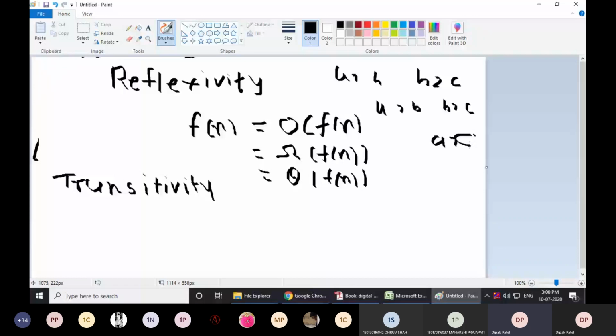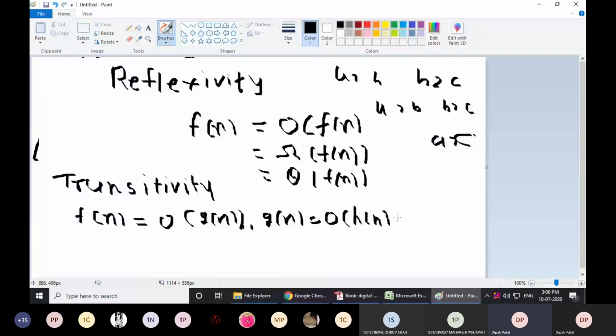So here, what do you say about big O notation, theta notation and omega notation? See, if Fn is big O of Gn and Gn is big O of Hn, then can we say Fn is big O of Hn?